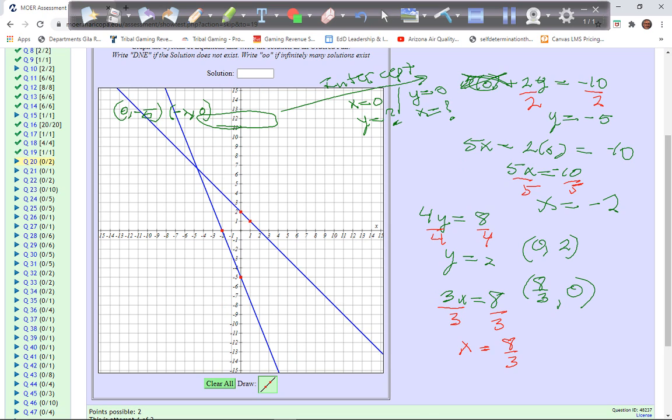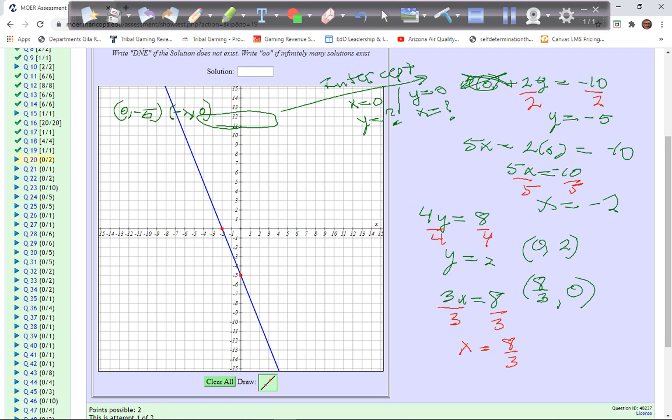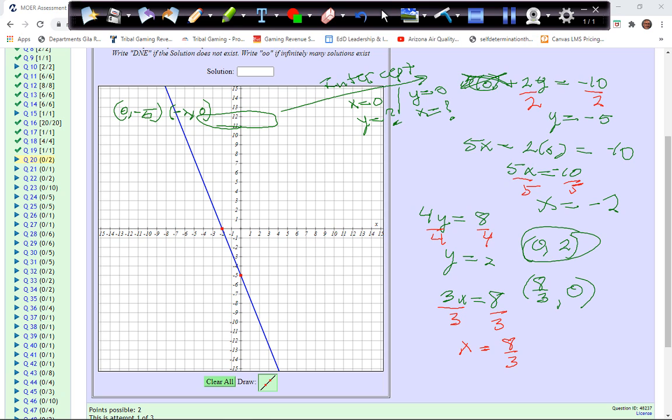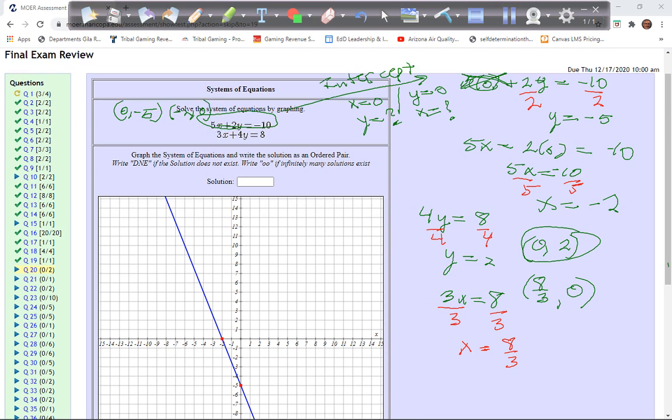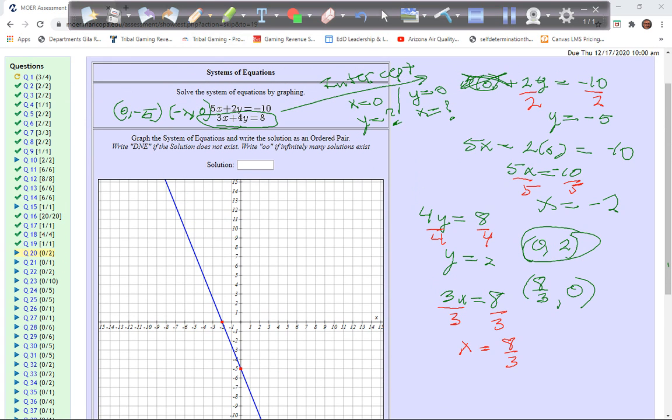I don't want to clear all of this. So I know (0, 2) is one of my points. Okay, so that's going to work. Now what I need to do is figure out what would give me an integer value, because that's all I can really graph.